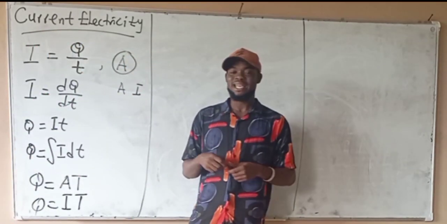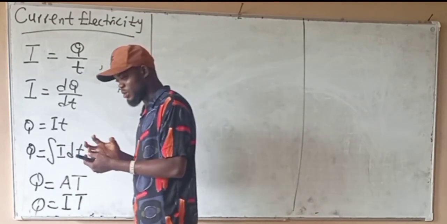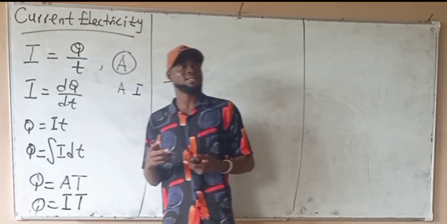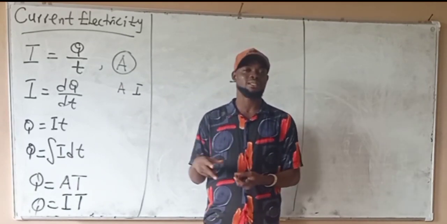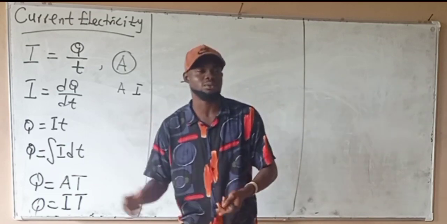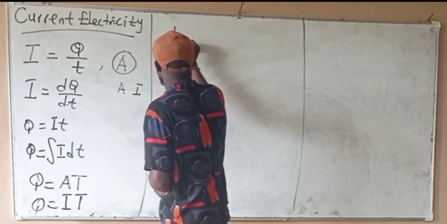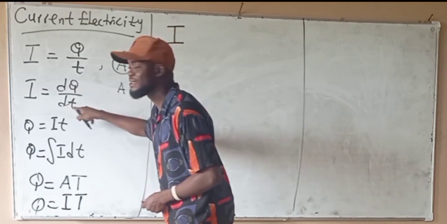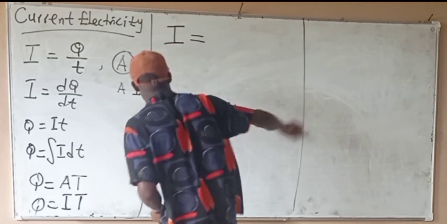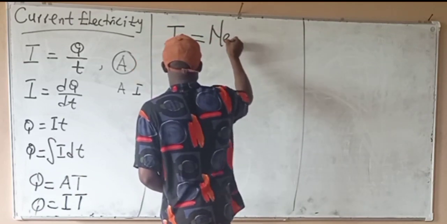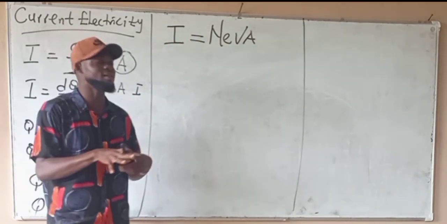Now, for conduction in metals, when metallic conductors are conducting current, when charges are flowing through a metallic conductor, then we can also say current, which is Q over T, will be equal to NE times VA.